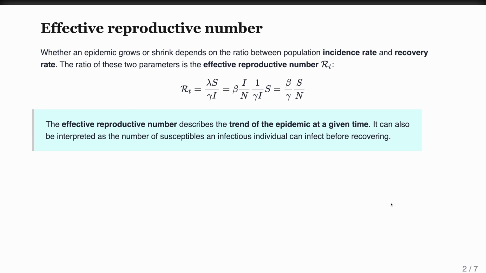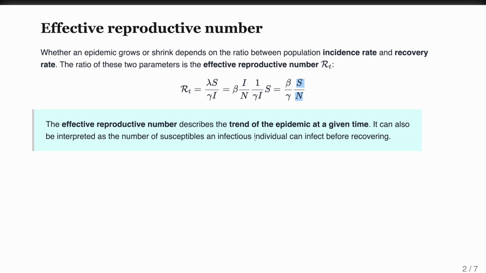And so you can see here that we have the incidence rate above and the recovery rate below, and after some mathematical reformulation, we can show that the effective reproductive number is just the ratio between beta and gamma, that is the transmission rate and the recovery parameter, multiplied by the fraction of the population which is still susceptible. So the effective reproductive number describes the trend of the epidemic at every given time.